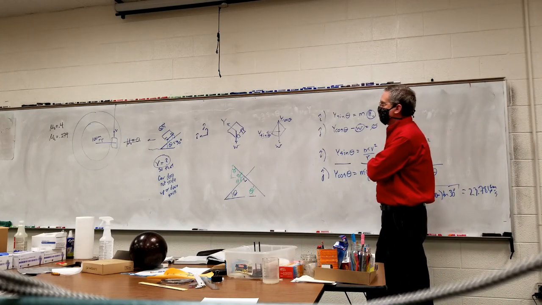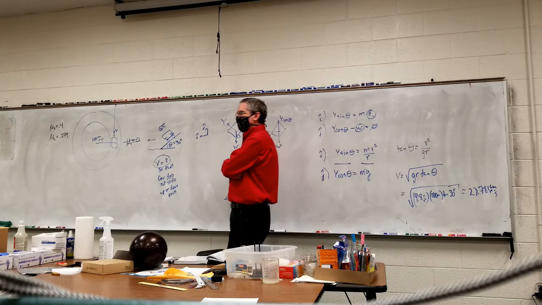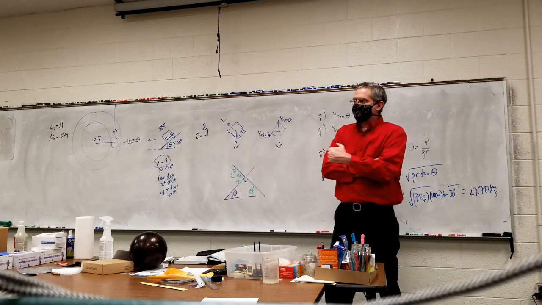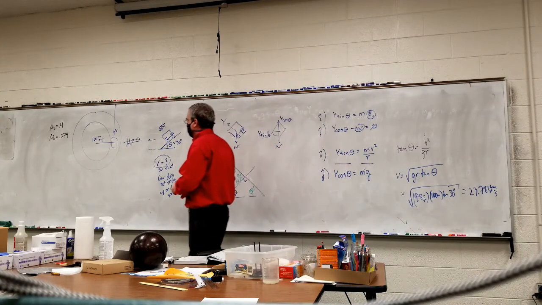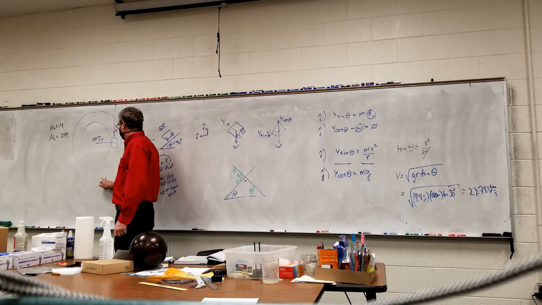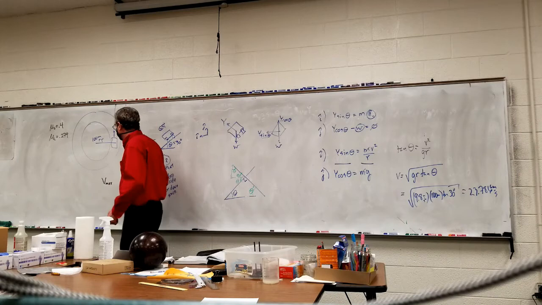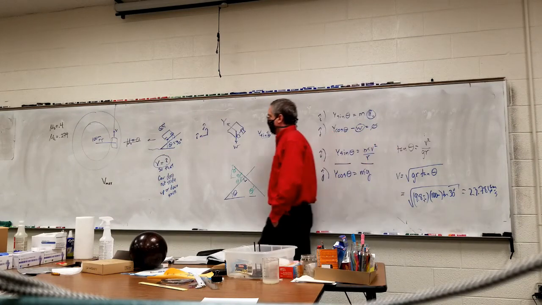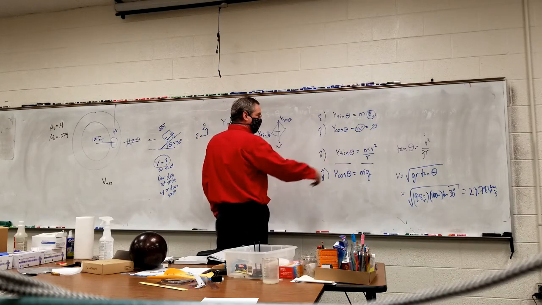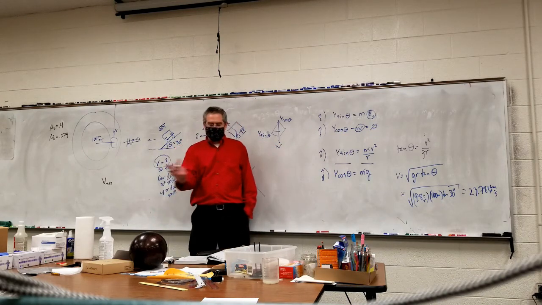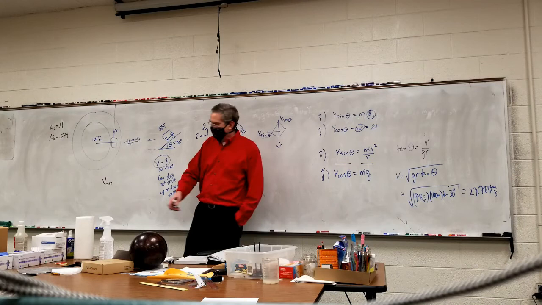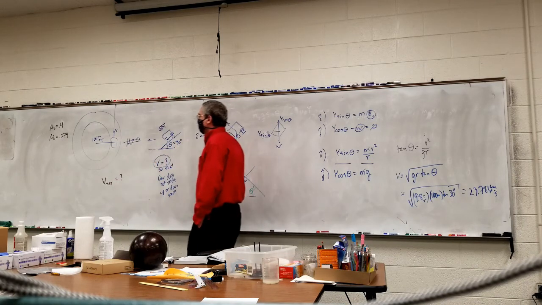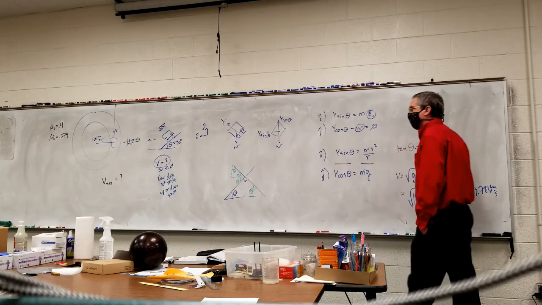And so now the question is, what is the maximum speed this car can go before it starts sliding up the ramp? I know it can do 23.786 meters per second with no problem, but with friction, I should be able to go faster.